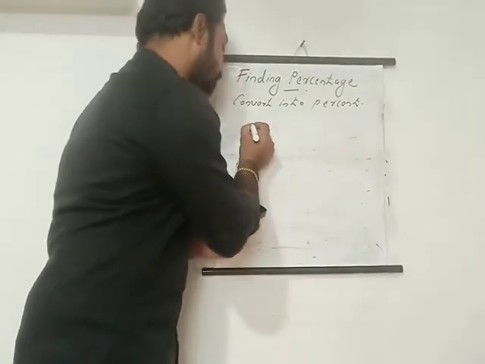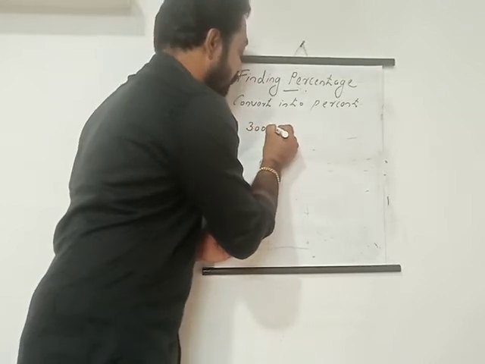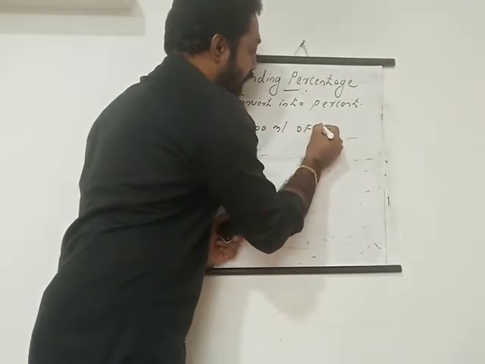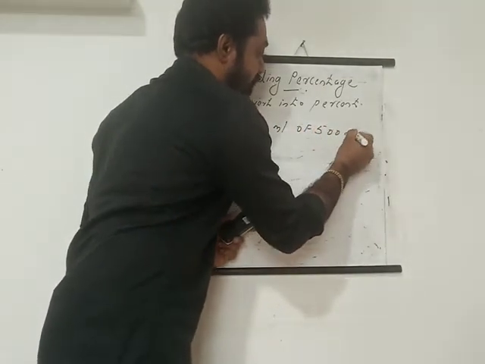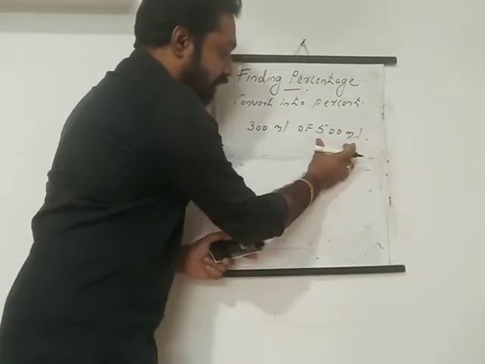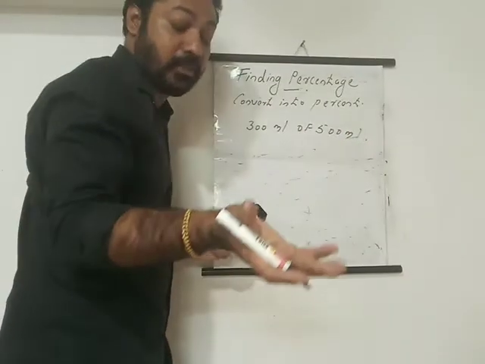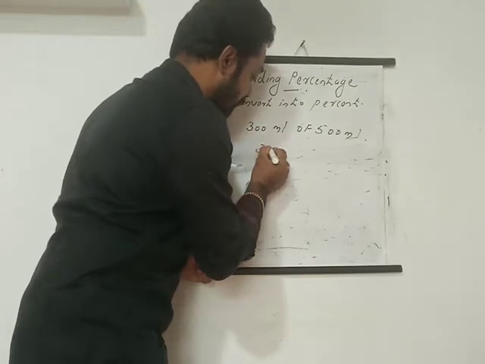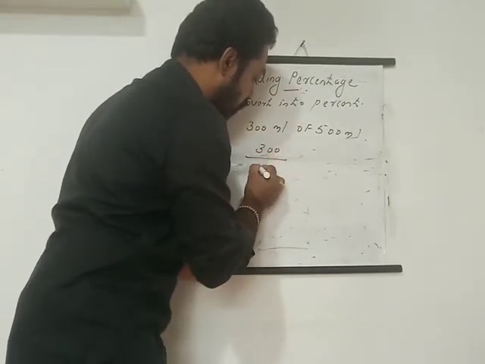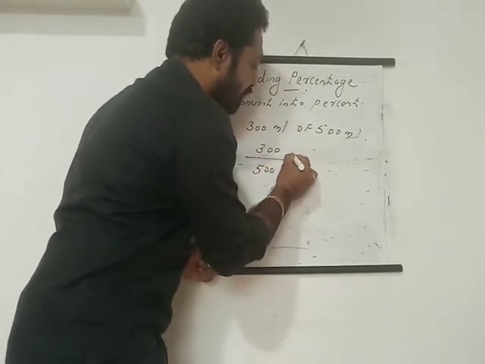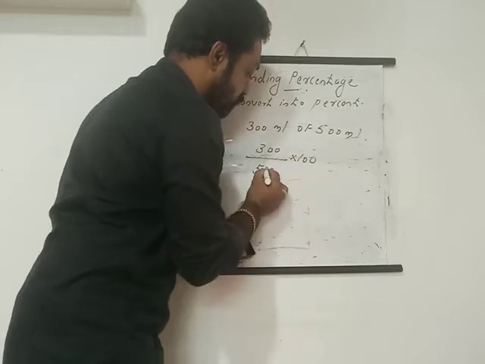300 ml of 500 ml. In 500 ml, 300 ml is how many percent? So 300 ml divided by the total, 500, into 100. Then the 20 just cancel.